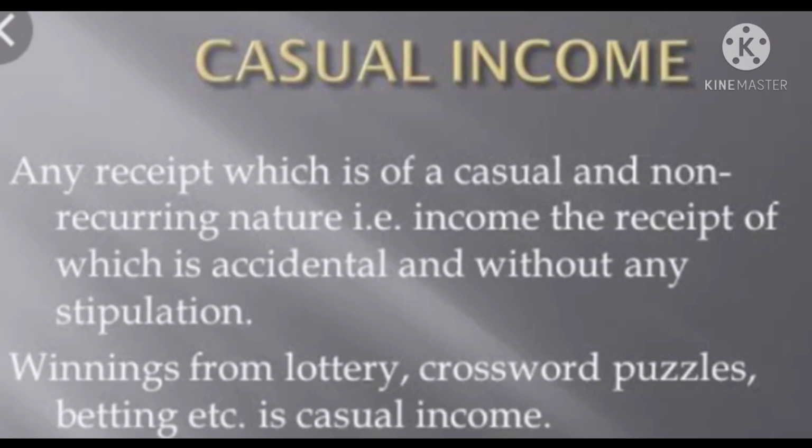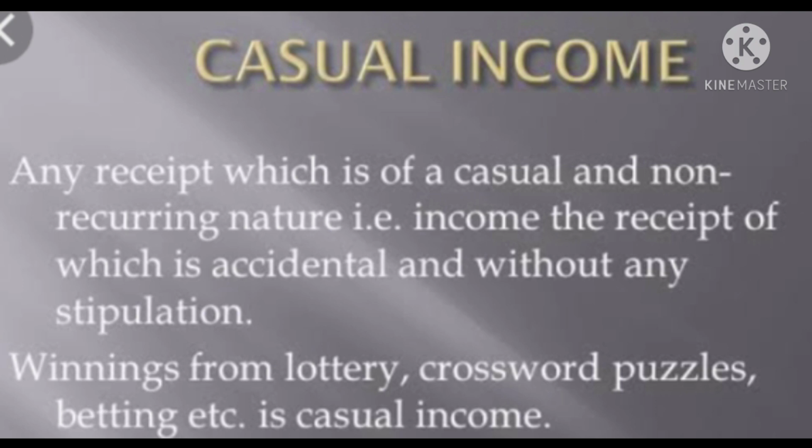Coming to the next topic, casual income. Any receipt which is of a casual and non-recurring nature, that is income, the receipt of which is accidental and without any stipulation, is called casual income. That means, see, if it is your salary income, it is recurring, right? It comes regularly.